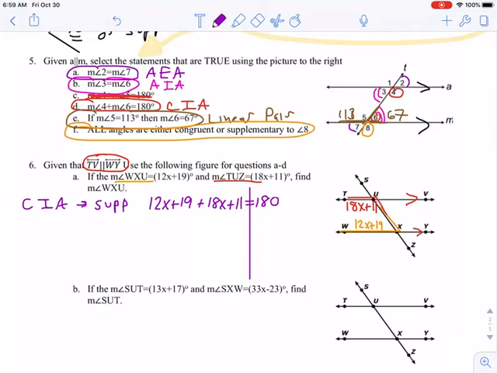I'm going to get 30x plus 30 equals 180. Subtract 30 from both sides. 30x equals 150. Divide both sides by 30. And x equals 5.